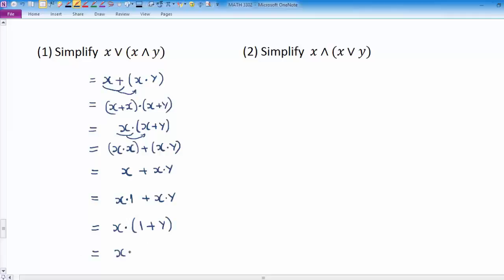Now, in the parentheses, 1 or y is actually 1. And this is property H in the theorem. And also x and 1 is x.